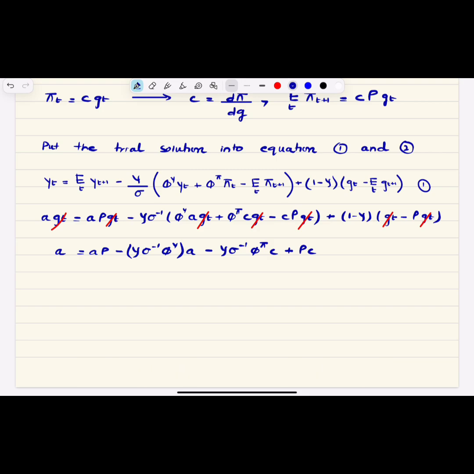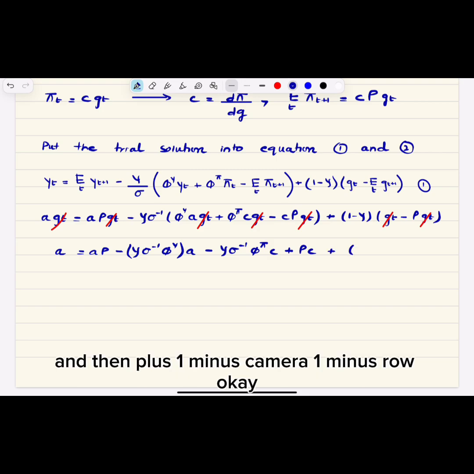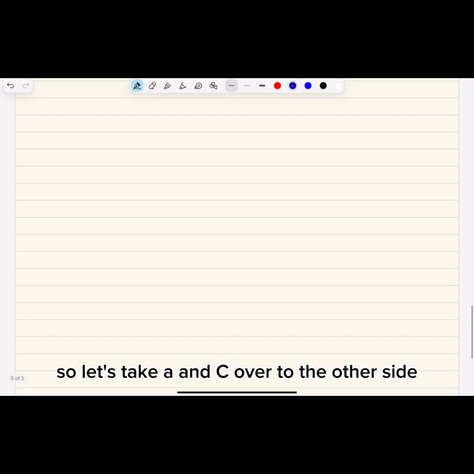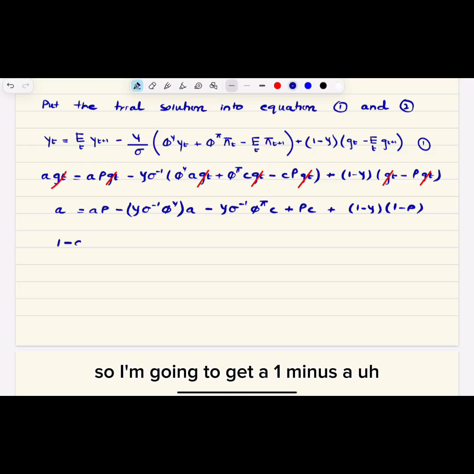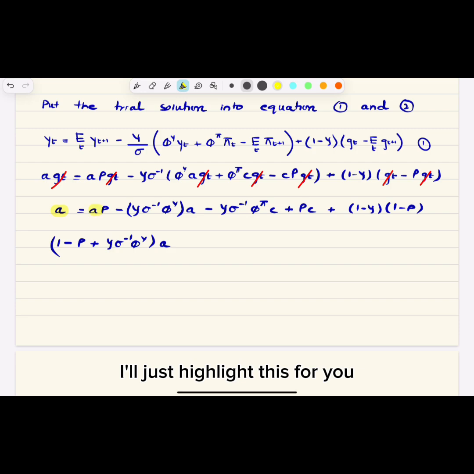And then plus 1 minus gamma, 1 minus rho. Okay, so let's take A and C over to the other side. So I'm going to get 1 minus A, 1 minus rho plus gamma inverse of sigma coefficient of output, and all of this is with A. I'll just highlight this for you.